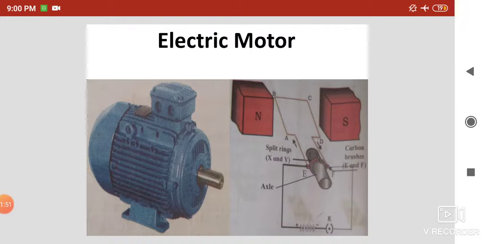An electric motor is a device which converts electric energy into mechanical energy. So it is called an electric motor. An electric motor works on the principle that a current carrying conductor placed in a magnetic field experiences a force.